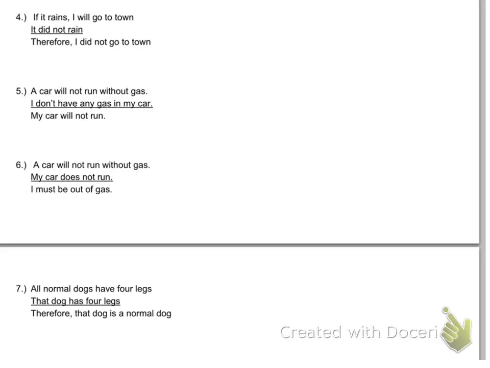Therefore, I did not go to town. Does it logically flow that because it did not rain, I have to not go to town? Does it say anything about that? This is actually invalid. Why is that invalid? Give me an example. What else can happen?